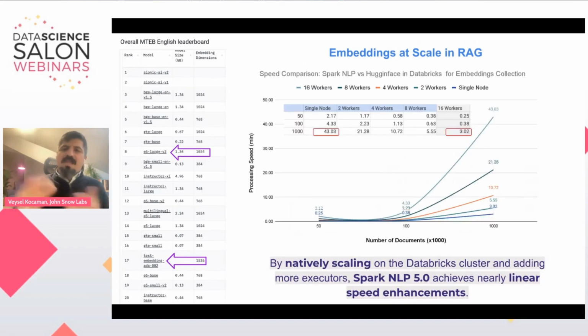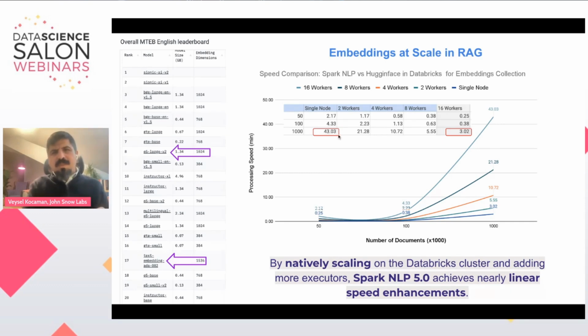Now, the cluster performance is totally different. When you add more workers to the cluster, you can parallelize all this embeddings collection in a Spark cluster, and Spark NLP is natively scaled over the cluster. You don't need to do anything at all. If I compare with the same logic, 1 million documents, let's say, on a 16-worker Spark cluster it takes 3 minutes in Spark NLP, while it takes 43 minutes on a single node machine.